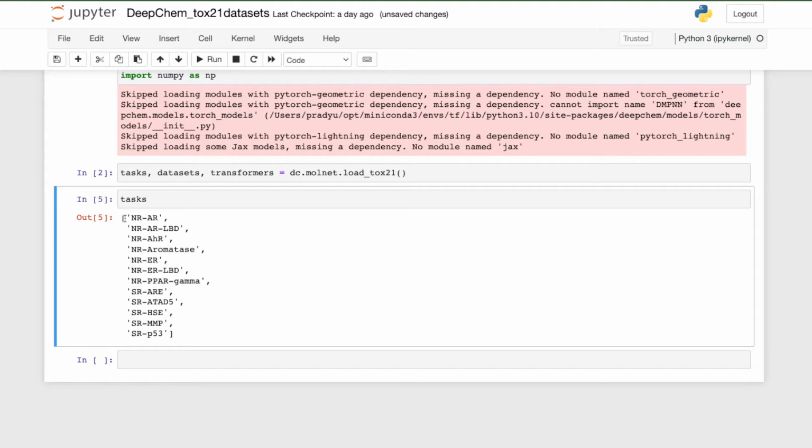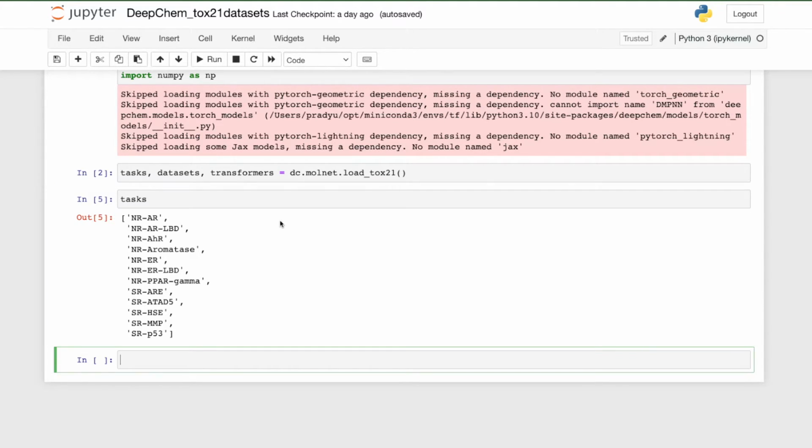But here, this is a multitask classification problem. In this case, a single molecule can be active here, active here, active here, active in all 12 of them, or inactive in all 12 of them. So that's a different classification problem from what you commonly encounter in image classification problems.